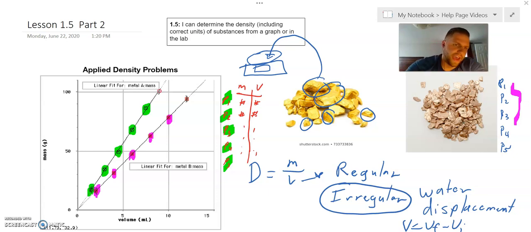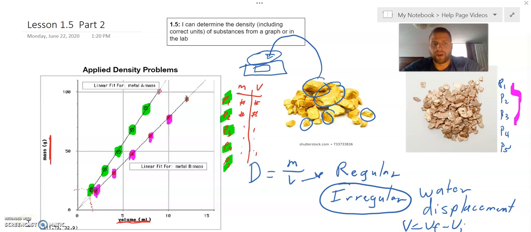Notice that the axes of the graph are labeled mass and volume. So if you have a data pair, you can find the volume, trace it to the proper mass, and that's how we came up with these data points.